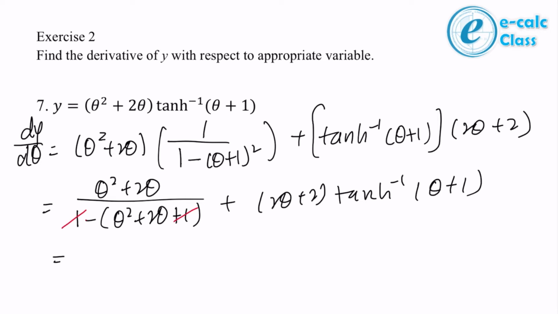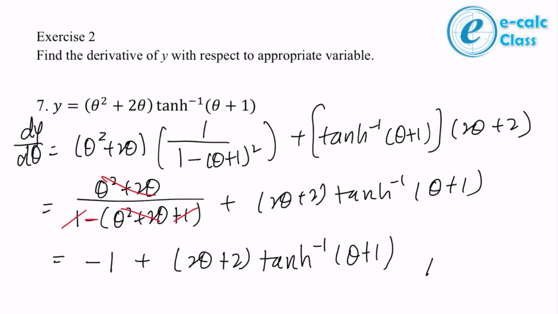It's a negative, yeah? You make sure you know this is negative. So after you cancel, you have a negative 1 plus this one. Okay, finish. So it's about how you get used to the table, how you utilize the differentiation rules that you learned in the last lesson.